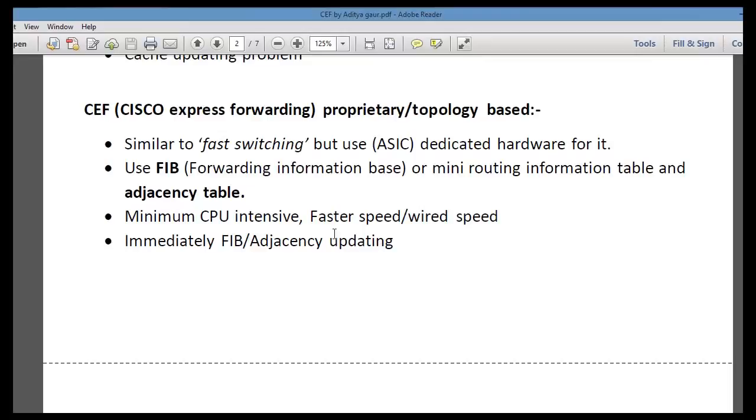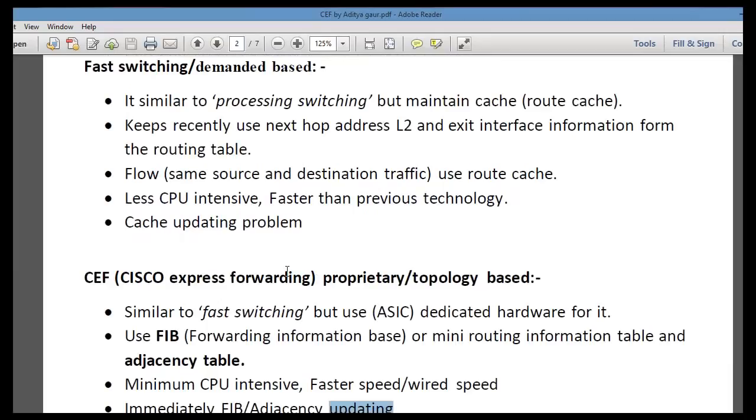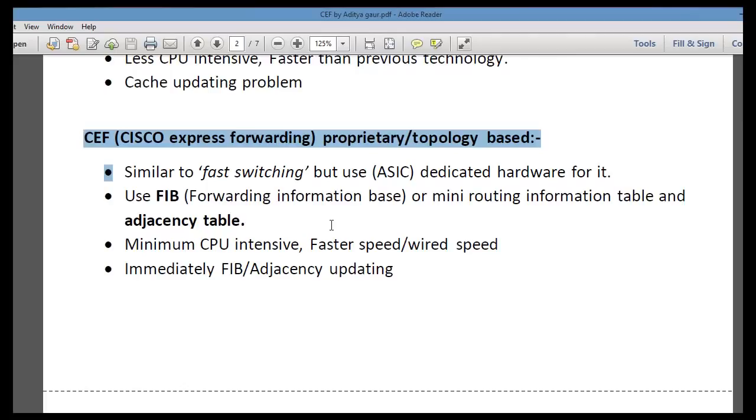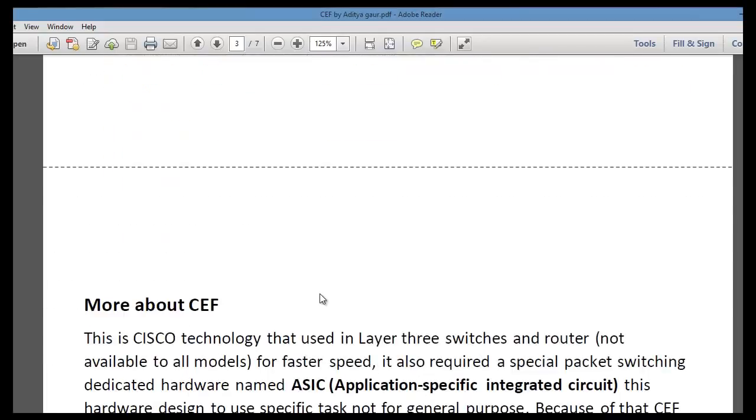Whenever anything changes, your FIB and adjacency table immediately update. With fast switching there may be a cache updation problem, but with Cisco Express Forwarding, as soon as the topology changes, the FIB and adjacency table also change, so it is sometimes also known as topology-based switching.